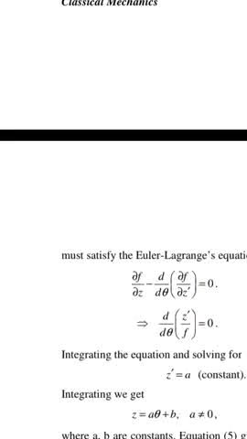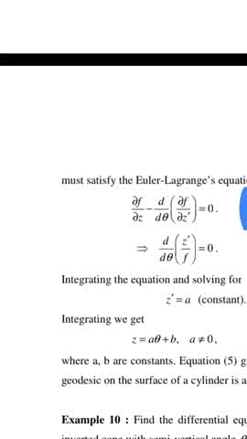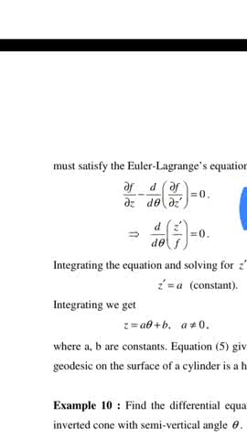Therefore, 2 cancels and remains z dash divided by square root of a square plus z dash square, and square root of a square plus z dash square is nothing but f. Therefore, d by d theta of z dash divided by f is equal to 0. And integrating we get z dash is equal to a. z dash is nothing but dz by d theta.